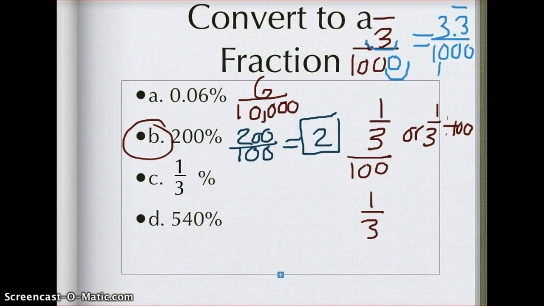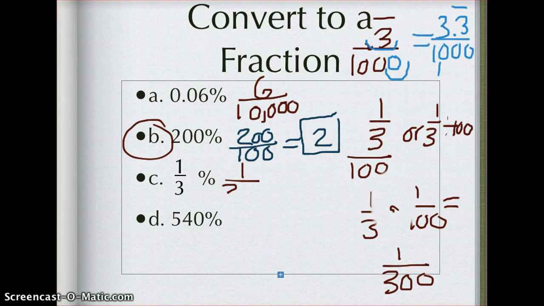So 1/3 divided by 100 is the same thing as 1/3 times 1 over 100, because we want to leave it, change it, flip it. So that ends up with 1 over 300. Go ahead and pause the video and try D now.